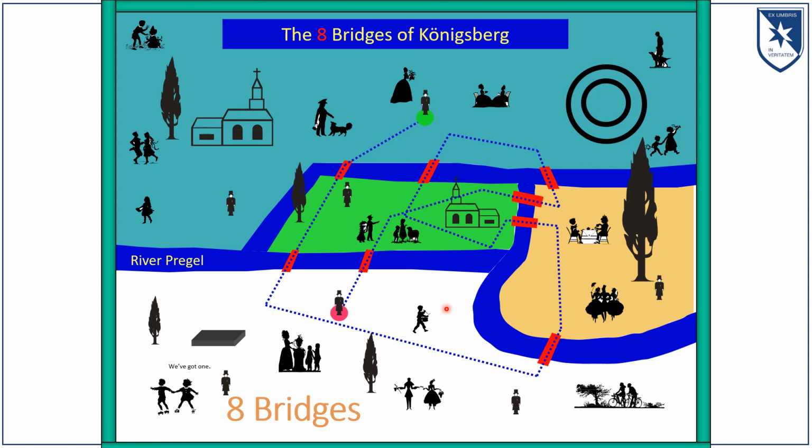And that solves the 7 bridges of Königsberg, which is now the 8 bridges of Königsberg. Okay, so that's one brief insight into a topic that we do in decision maths. That then goes on to other algorithms that we'll study within the same chapter.